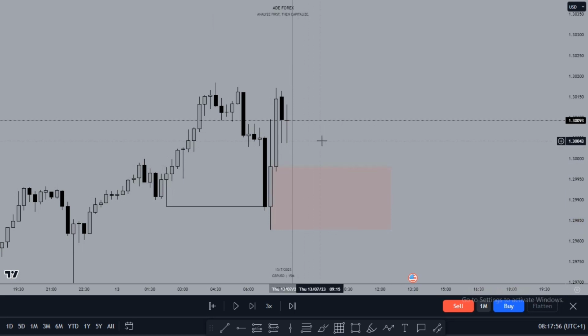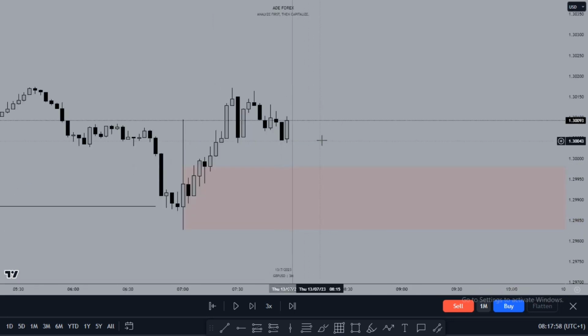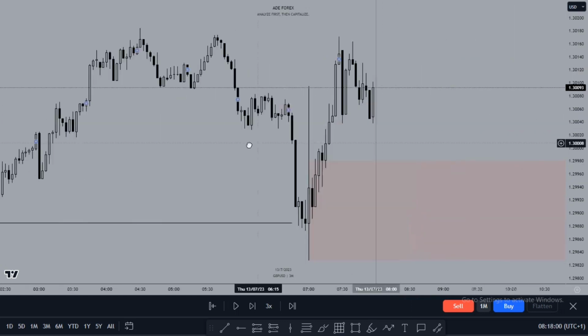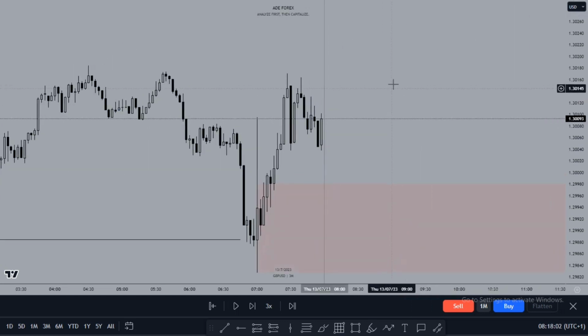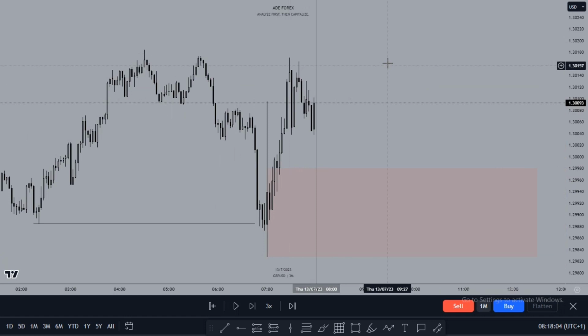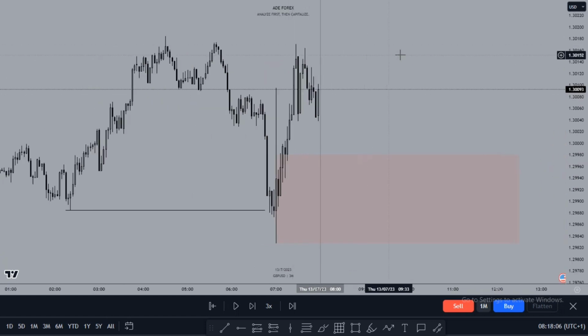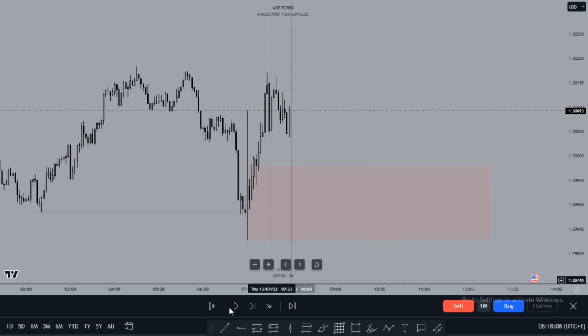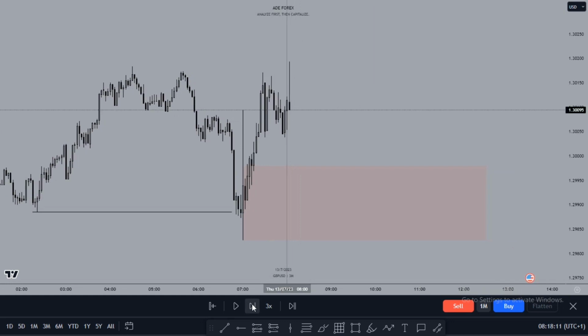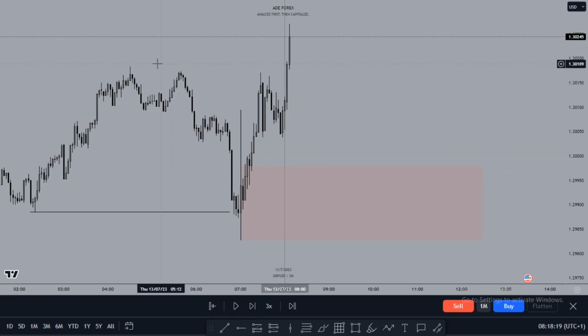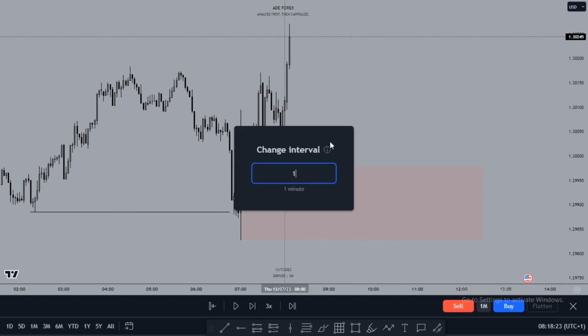However, moving on to the lower time frames, I was waiting to see what the market would do at London Open. Playing price forward, you can see that we broke structure towards the upside right here, and then we eventually broke structure again. So I was not even looking at this particular area anymore.